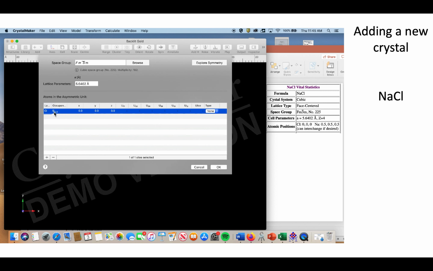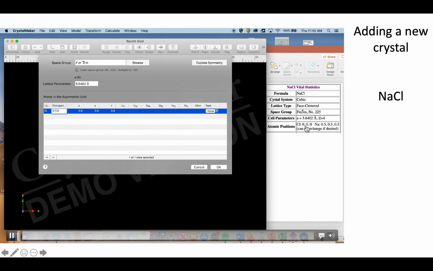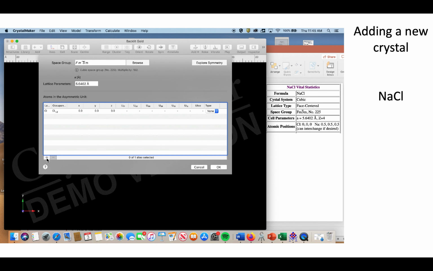One of the atoms that will be present is the chlorine. It says that chlorine is present at position 0, 0, 0. So within the program, I'm adding chlorine at position 0, 0, 0. To that, we'll now add sodium.